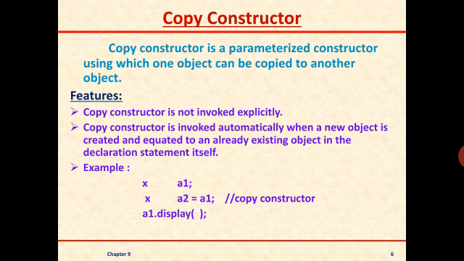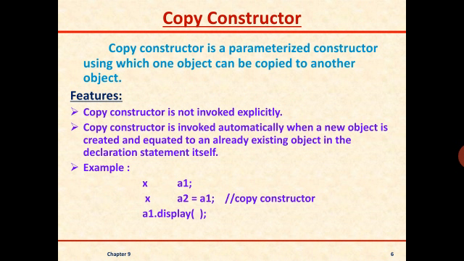Let me show you with a simple example here. Suppose I have a class X and I want to create one object, say A1. I write it as X A1; then I have one more object of the class X, that is A2. I write X A2, but here I can create the copy constructor.